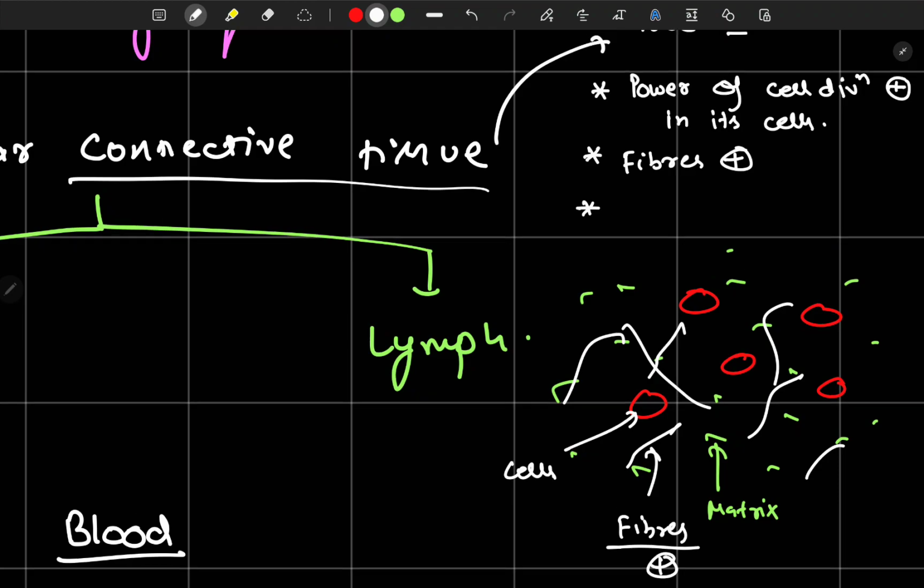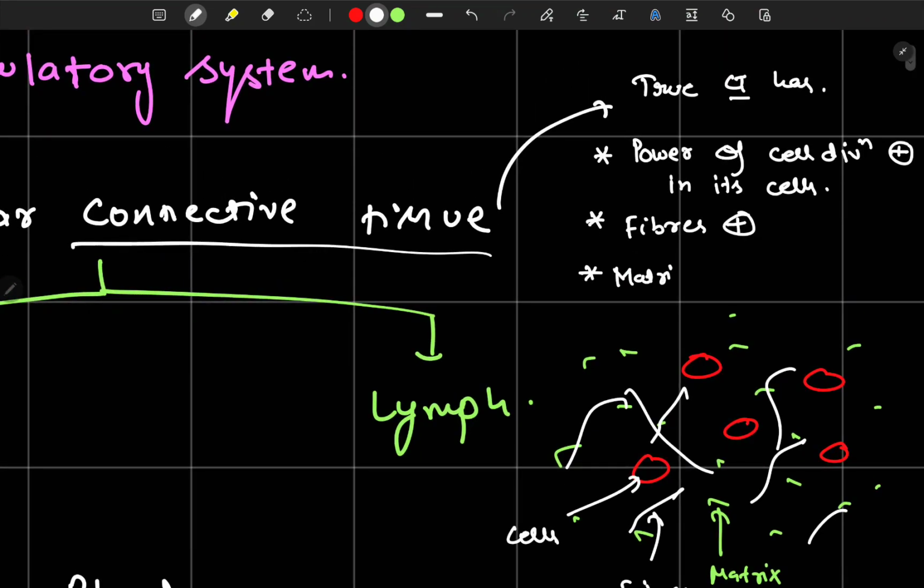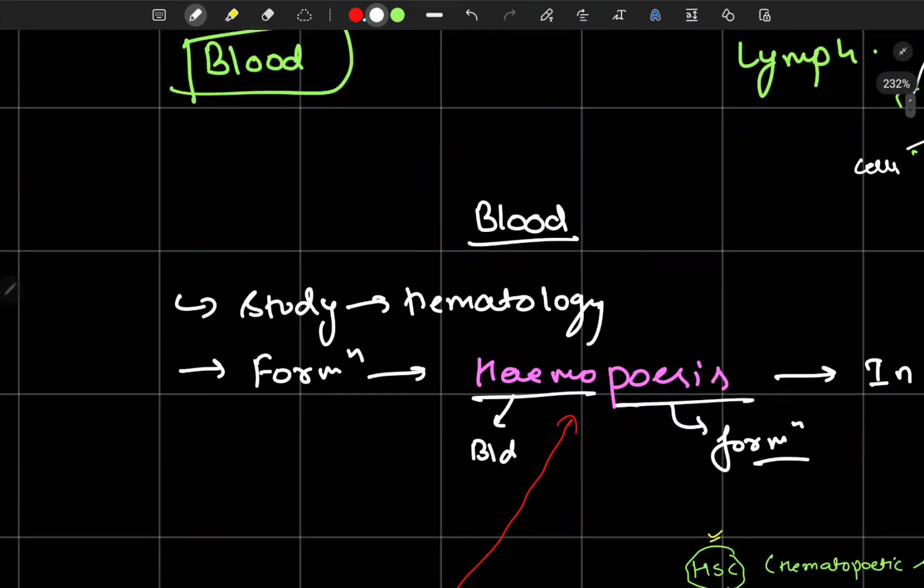So for a true connective tissue, the matrix should be produced by cells of its own tissue. In case of blood, as we have seen, the matrix is plasma, and that plasma is not produced by the blood cells, so that's why blood is also referred to as a false connective tissue. Very important question of NEET examination, also known as false connective tissue.